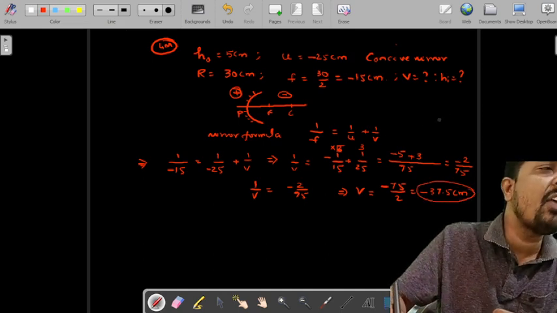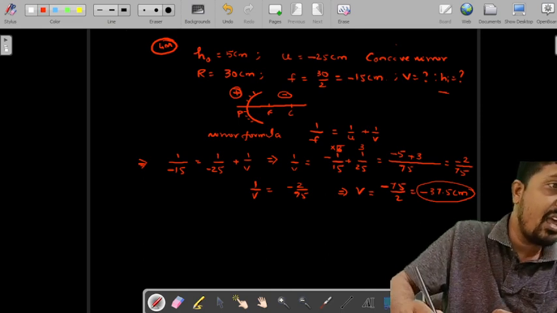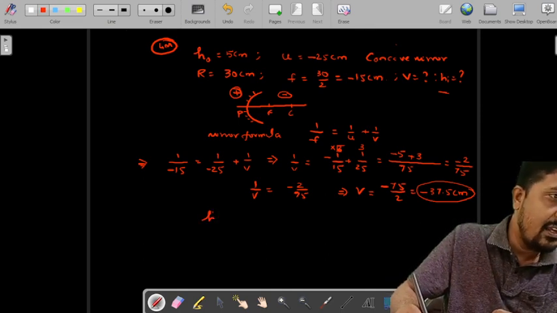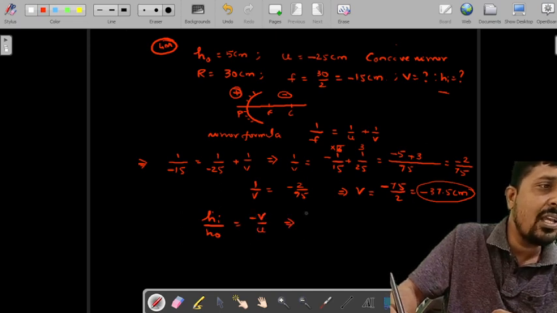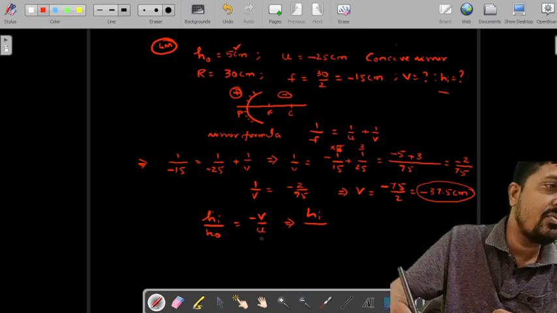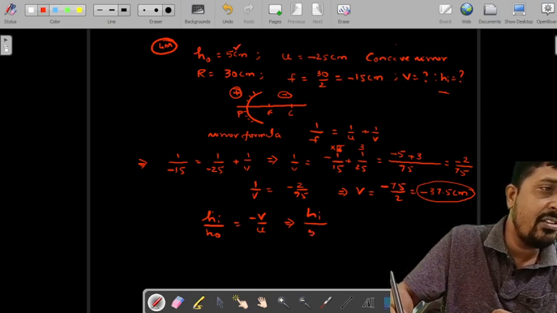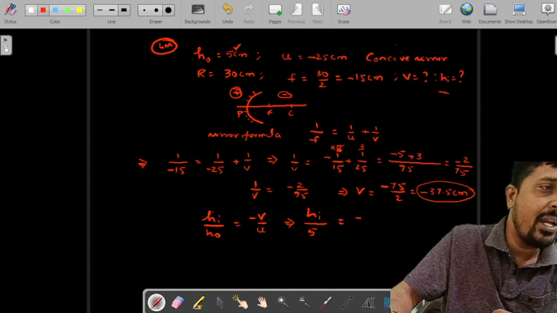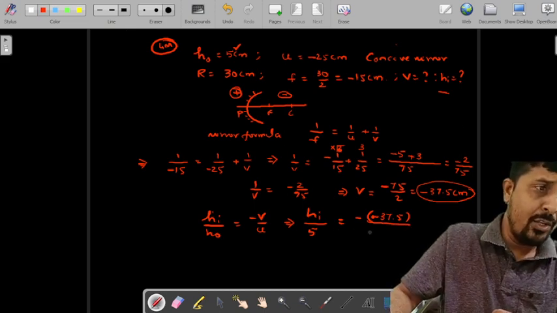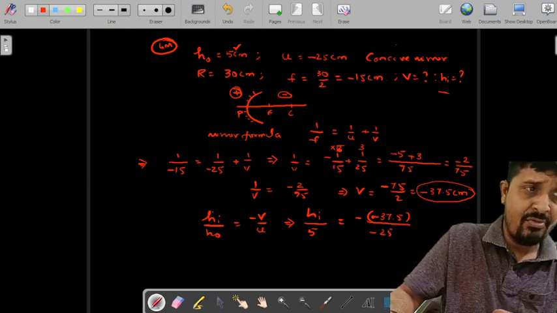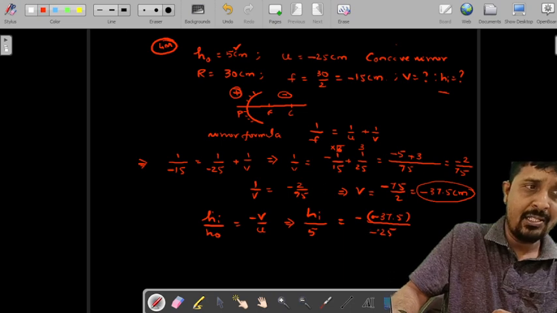After knowing V, we have to find the height of the image. We have a formula. What is that? Hi by Ho is equal to minus V over U. Put the values there. Hi we don't know. Ho value is given as 5, that's why we are going to write 5 here, is equal to minus of minus 37.5 over U value, minus 25. Minus will be cancelled.